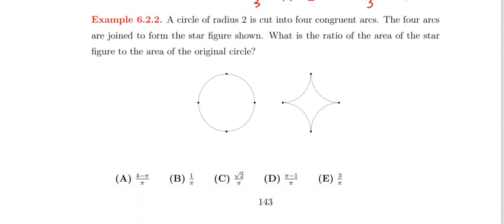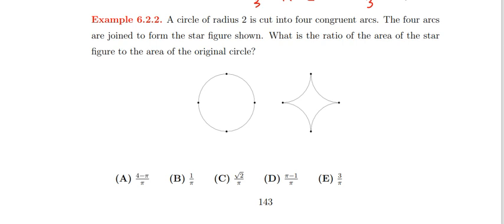Okay. So this problem says a circle of radius 2 is cut into 4 congruent arcs. Then the 4 arcs are joined to form a staffing shell. Just make it like that.